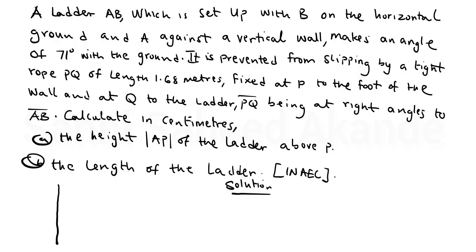The ladder is laid against the wall, while the point A is touching the wall, and the second leg of the ladder is on the ground. So I'm going to draw the ladder this way. This is my ladder and it's touching the ground, so I will join it like this. So this is the ground that the ladder is touching.